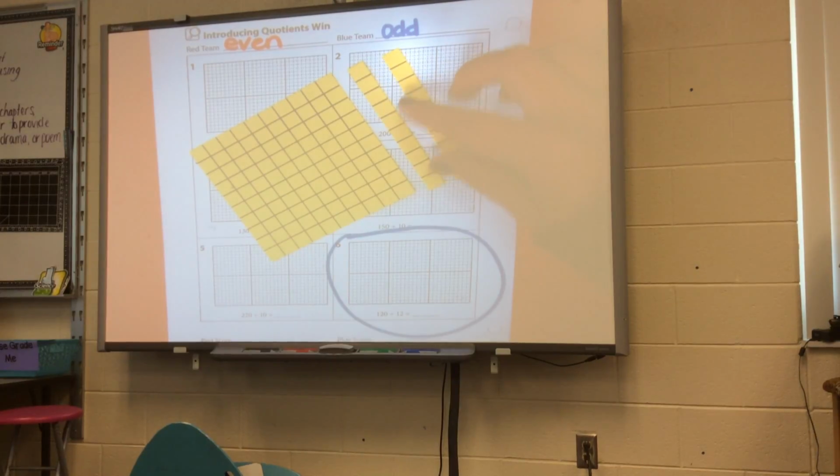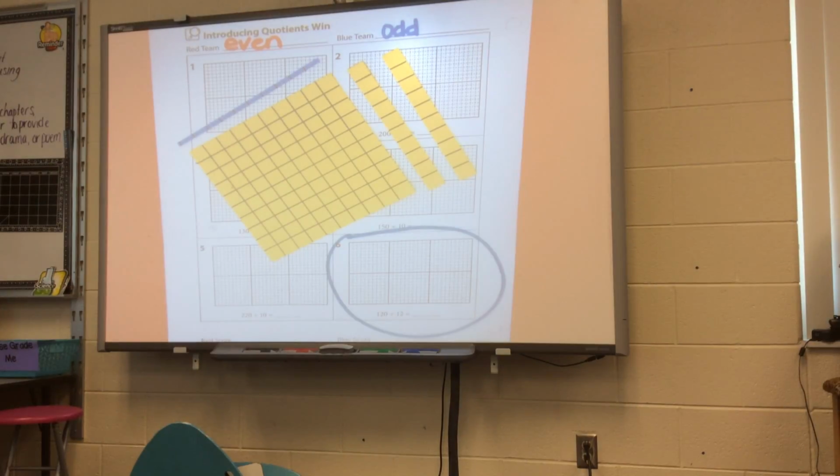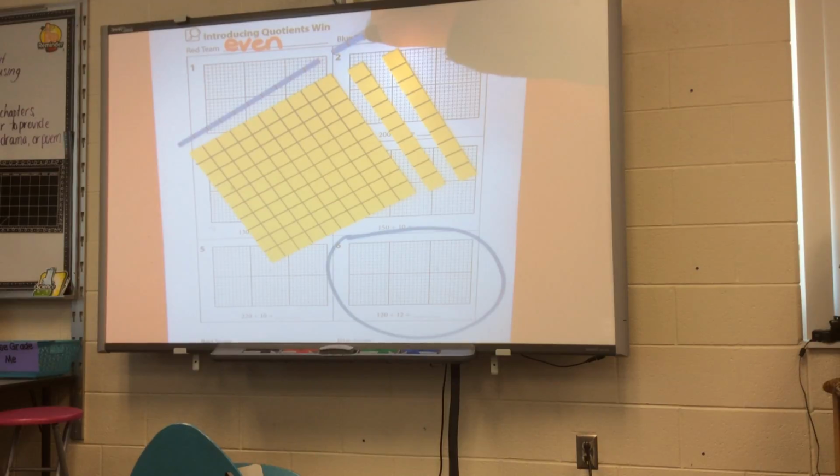So here's the 120, and I need to divide it by 12. So I'm going to use these blue strips to help me. I'm going to lay down 10. I don't have any cut up to singles, but we're just going to pretend that the part that I'm hiding exists. And there's 2, right? So there's our 12.